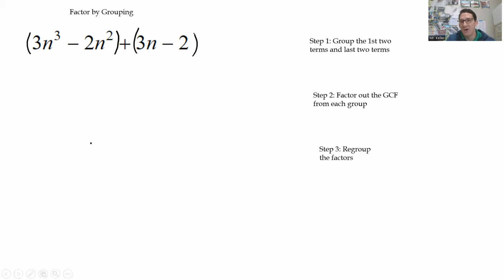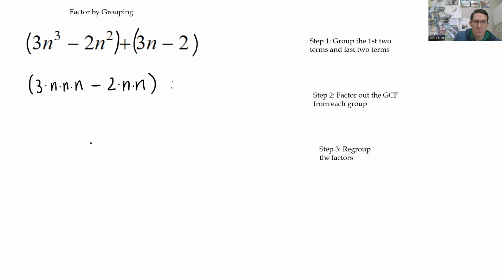And then you factor out a greatest common factor on each, just so we can see what's happening. I'm going to do some expanding here. 3, can leave that as just 3. And that'd be n times n times n minus 2 times n times n.